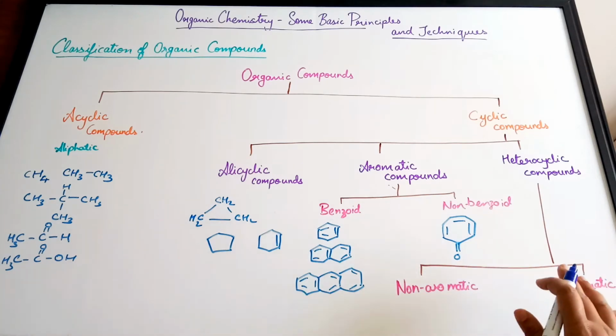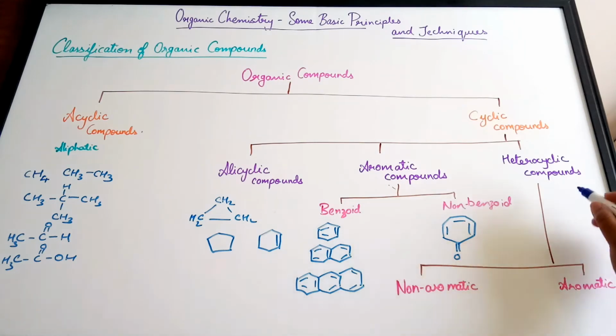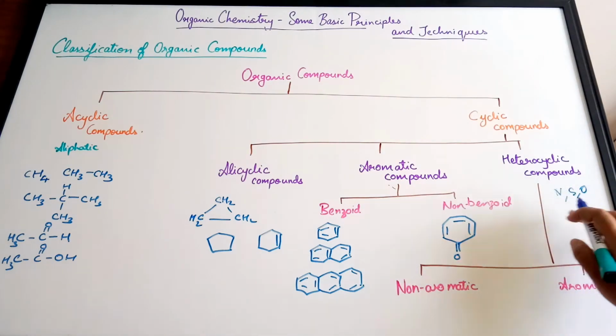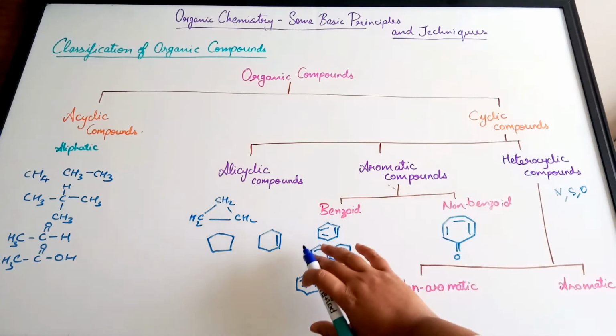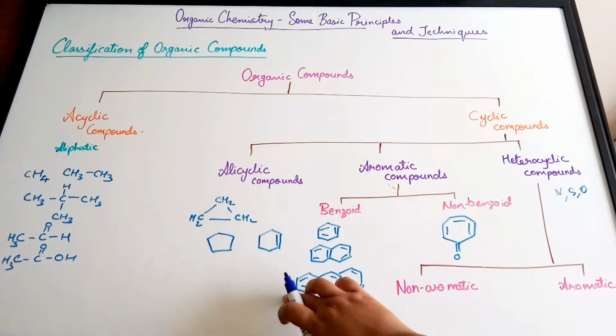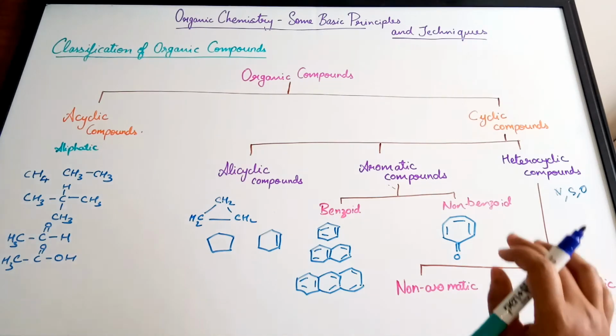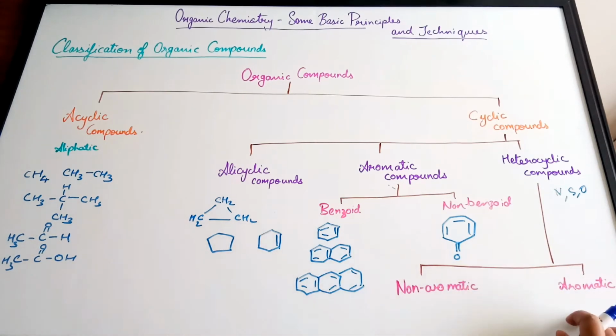Now heterocyclic compounds consist of, apart from carbon, either a nitrogen, a sulfur, or an oxygen atom in their ring. All of these rings just have carbon atoms, but heterocyclic compounds consist of other atoms as well, like nitrogen, sulfur, and oxygen. They are also classified into non-aromatic and aromatic.